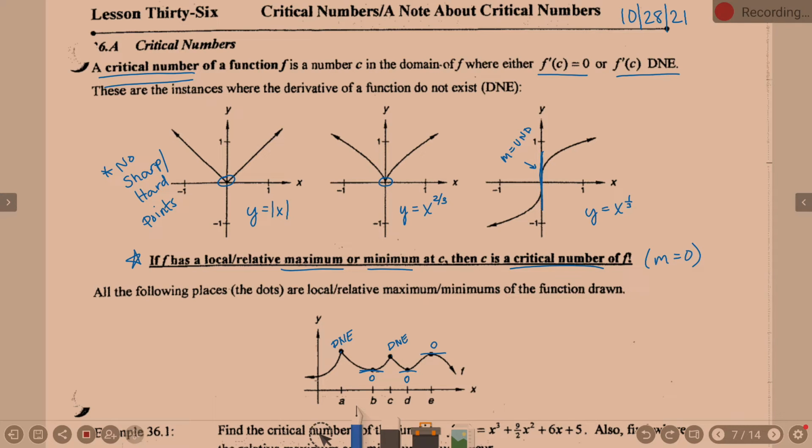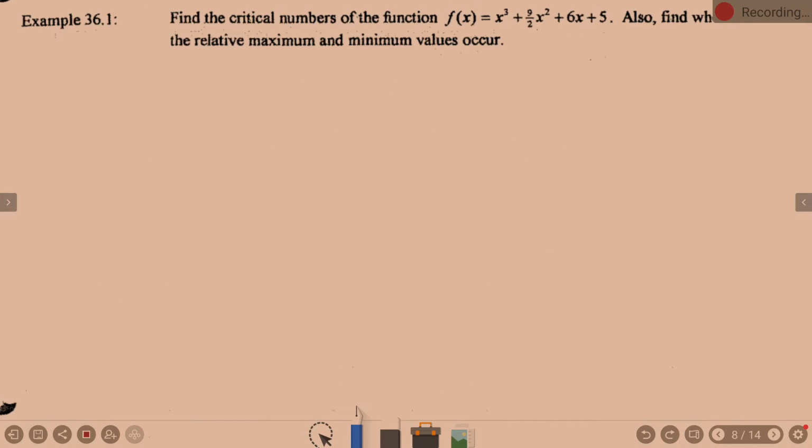Okay, let's look at the next example. This is the example at the bottom of your page, I believe. It asks us to find the critical numbers of this given function, and it also asks us to find where the relative maximum and minimum values occur.